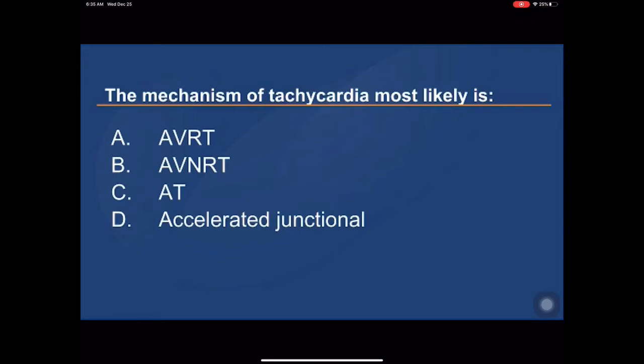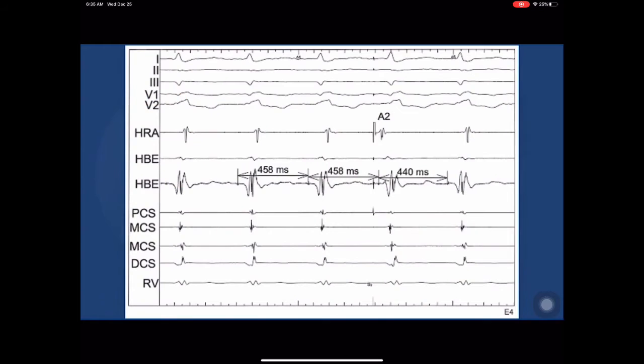I'm going to go into the explanation, but we're going to give you time to think about that when you're watching this. So here's the key. This follows the rule of what I call good carpentry: measure twice and cut once. So you must measure intervals, and these are subtle changes. During tachycardia, you have a consistent His to His interval that is unchanged.